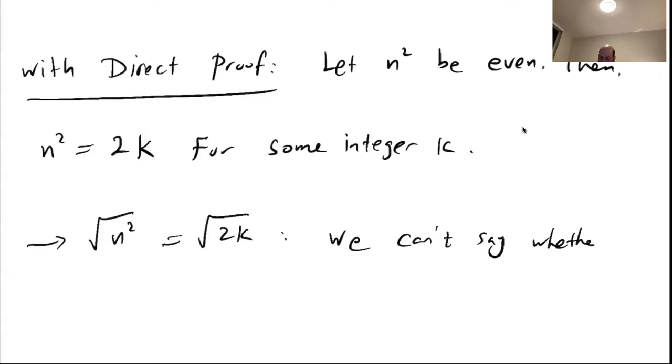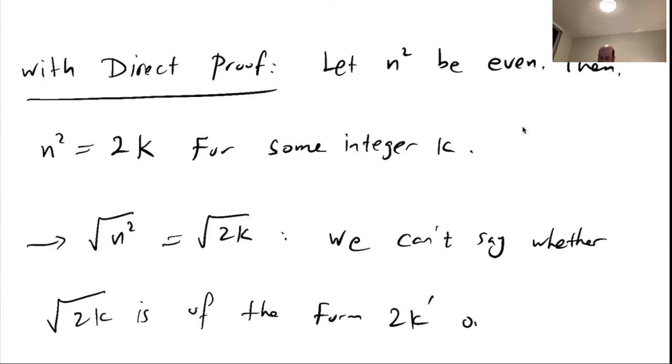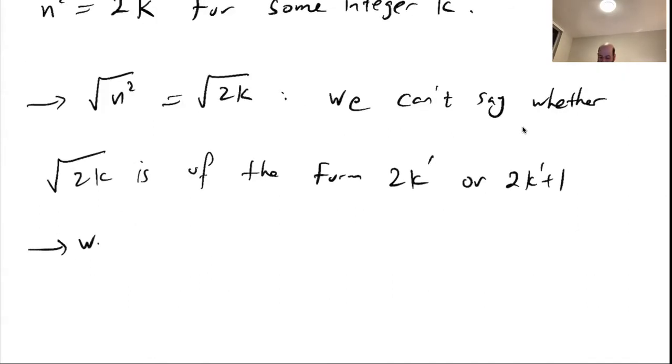Whether square root of 2k is of the form 2k' or 2k' plus 1, right? Square root of 2k is not of the form 2 times an integer, or 2 times an integer plus 1. So that's why we are stuck, basically. So we are stuck.